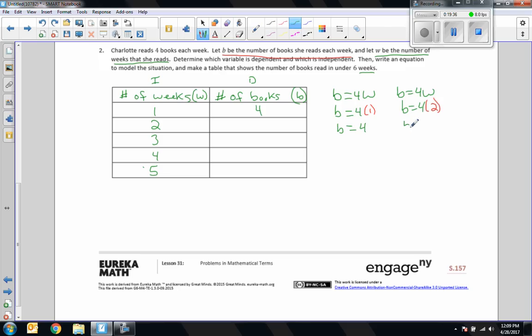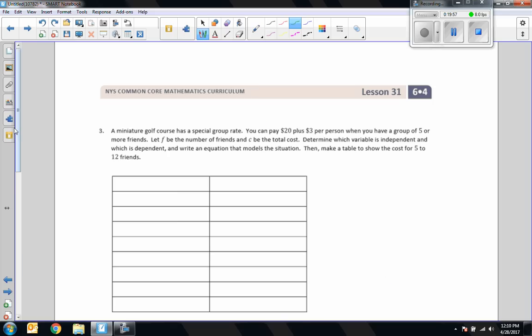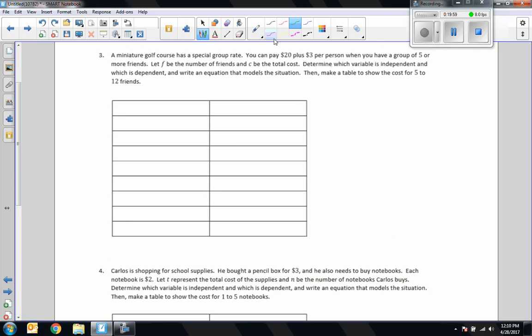So B equals 4 times 2, which is 8. And we continue this because now we see a pattern. If I plug in a 3, it's 4 times 3, or 12. 4 times 4 is 16. 4 times 5 is 20. It's increasing by 4 every time. Okay. Next exercise, number 3. Try this one, pause the video, come back, see how you did.